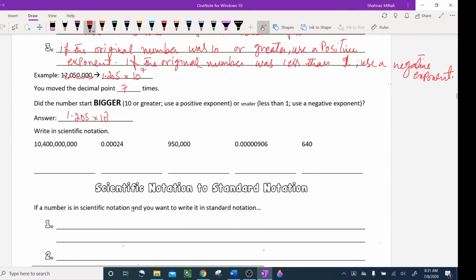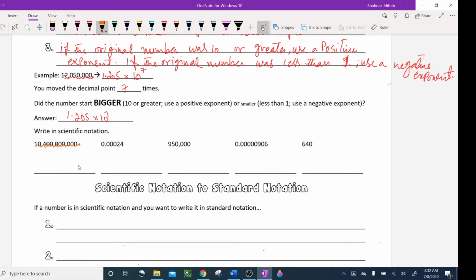So here we go. Write in scientific notation. Let's try. My decimal is here, and I'm moving it up here so I can have only one digit before the decimal. How many times am I moving it? 1, 2, 3, 4, 5, 6, 7, 8, 9, and 10.